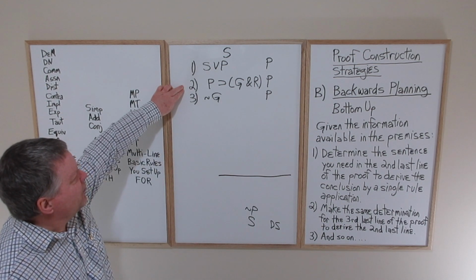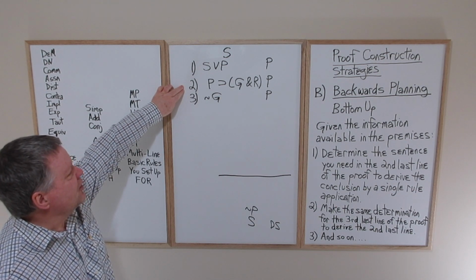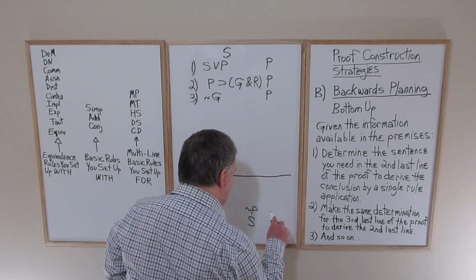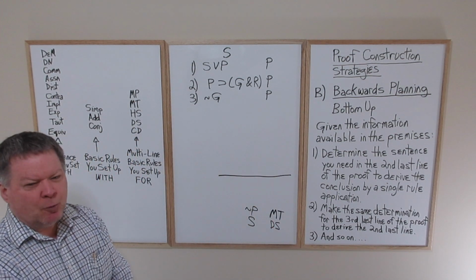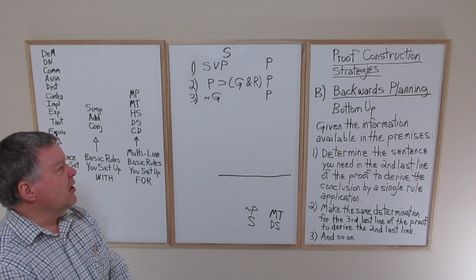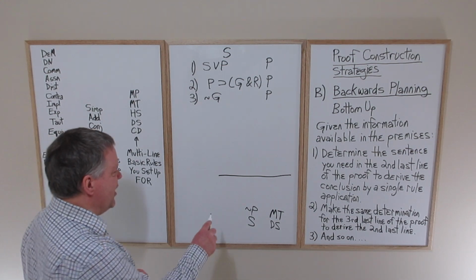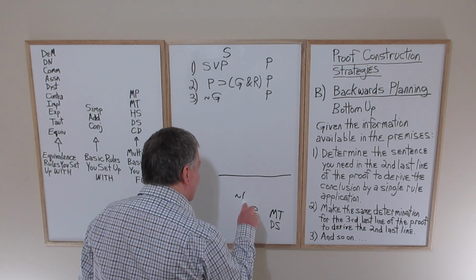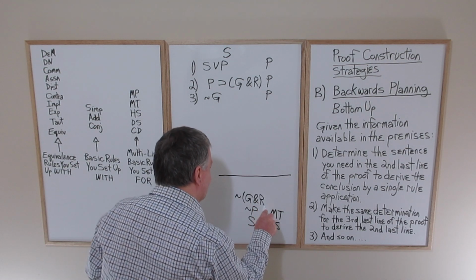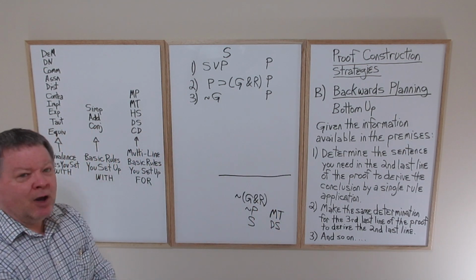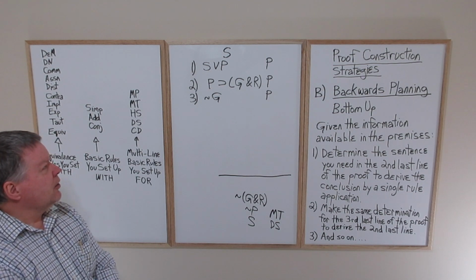Answer, since the P-related information is the antecedent of a conditional, we're going to get tilde P by modus tollens, and what we would need to get tilde P by modus tollens is the negation of the antecedent, namely tilde, then in brackets, G and R. How are we likely going to get tilde G and R?